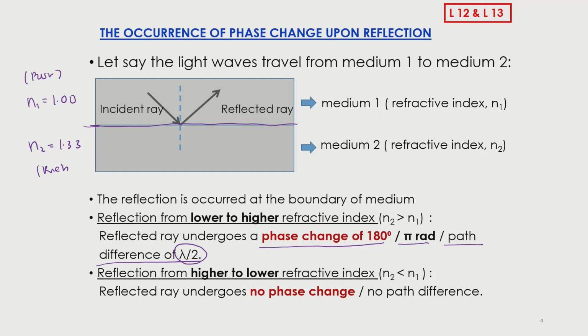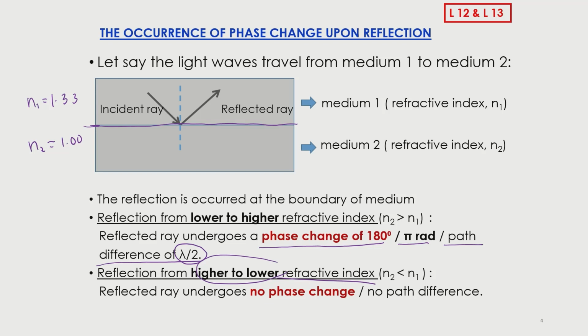What about reflection from higher to lower refractive index? For example, your refractive index for medium 1 is 1.33 and your refractive index for medium 2 is 1. So now let's use the analogy. Which one is rich? Which one is poor?